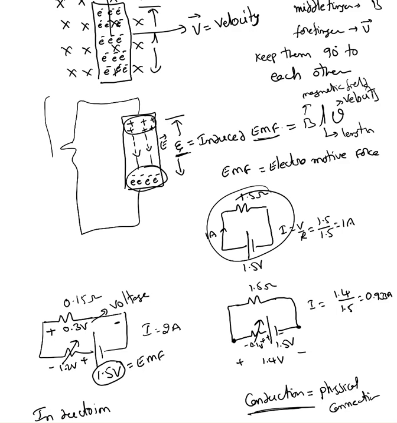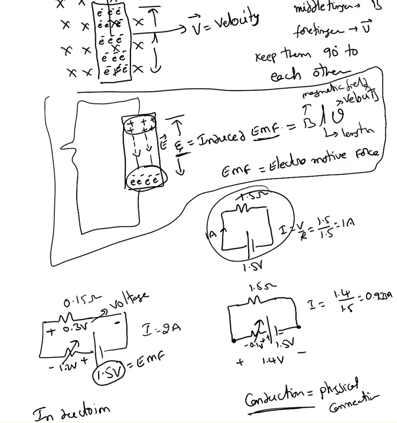So as long as you move a conductor in a magnetic field, it will produce an EMF. Now if you connect that conductor to some load, there will be a current passing through it.